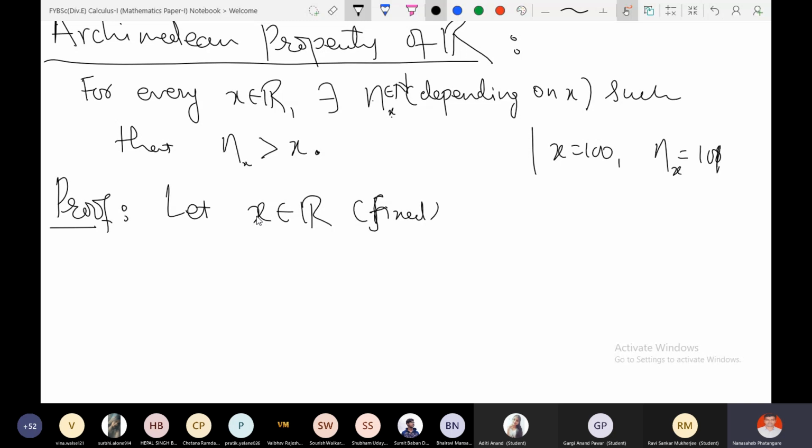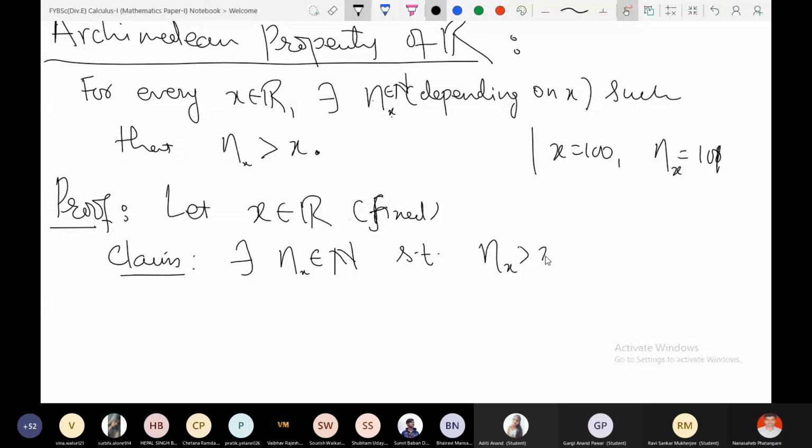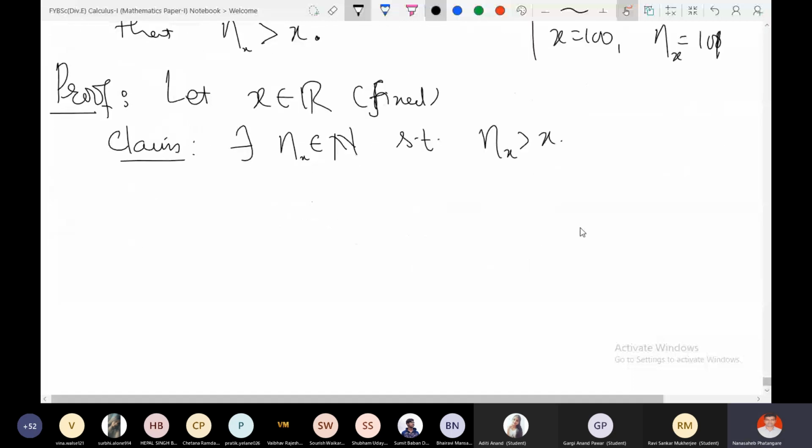Suppose somebody gives you a real number x, and what is our claim? There exists some natural number depending on x which is greater than x. This is our claim. Suppose not. Suppose this is not possible.